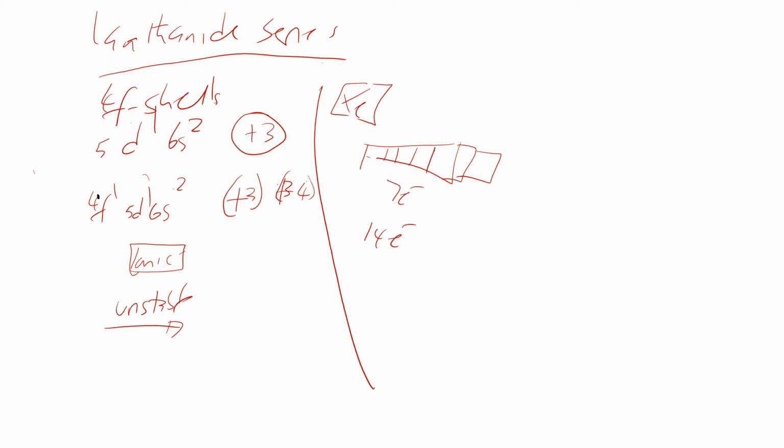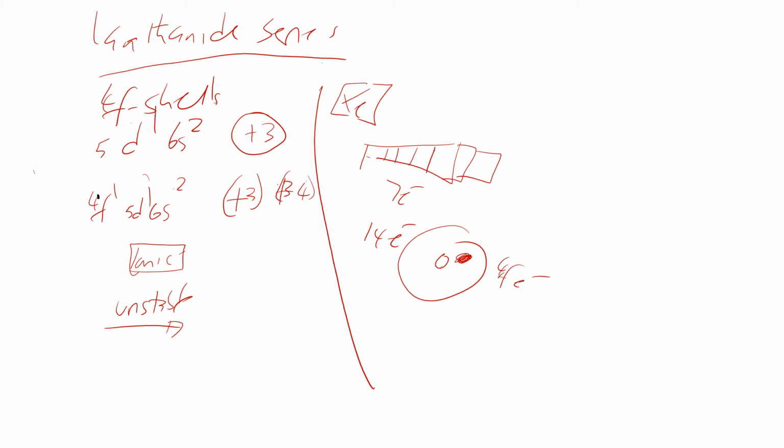So the 4f electrons in the antepenultimate shell are very effectively shielded from their chemical environment outside the atom by the 5s and 5p electrons. So we know that there's a lot of shielding by the inner orbitals of the 4f electrons.